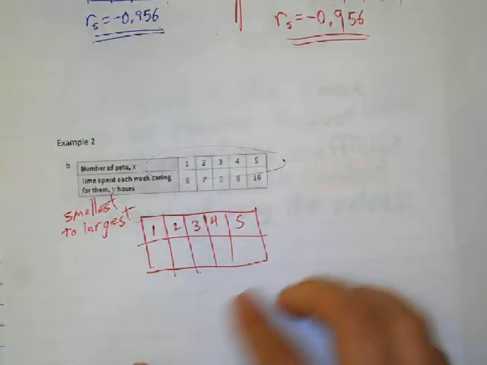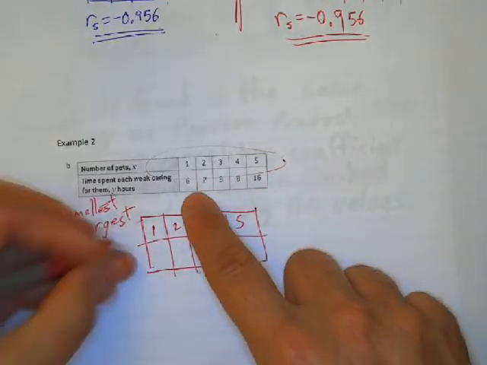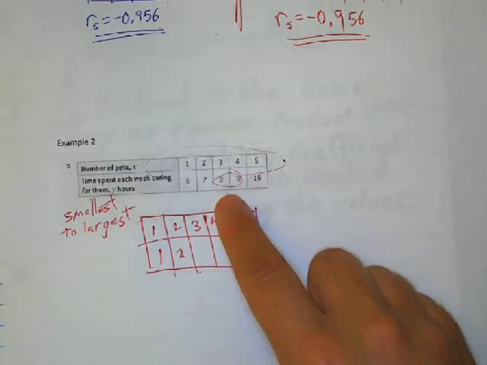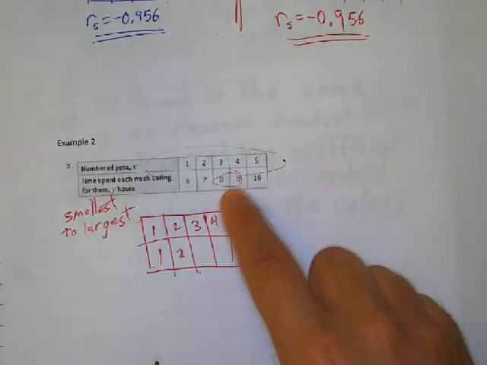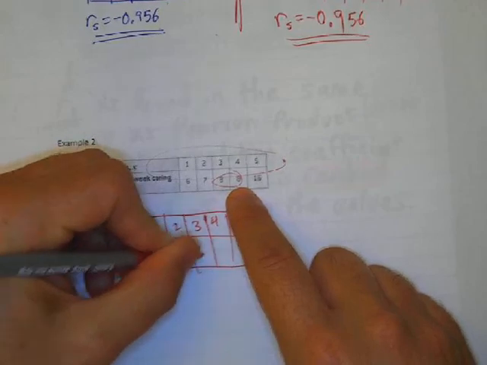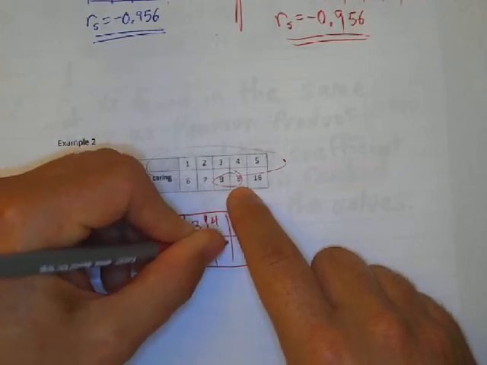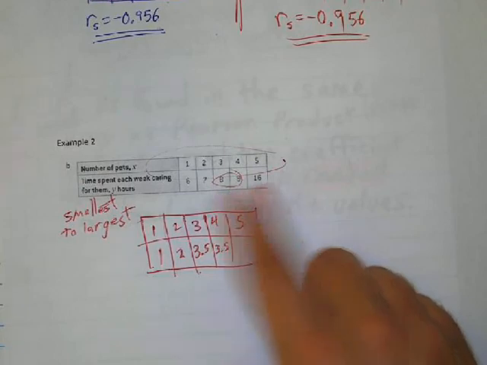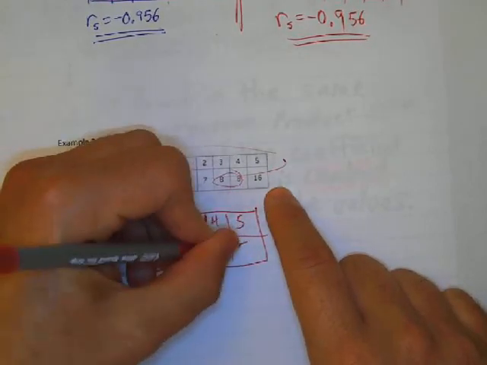So this is going to be 1, that's going to be 2. Now, this is going to be 3 and 4, so 3.5, 3.5, because one of those is third and one of those is fourth. And then this is the last one, that's going to be fifth.